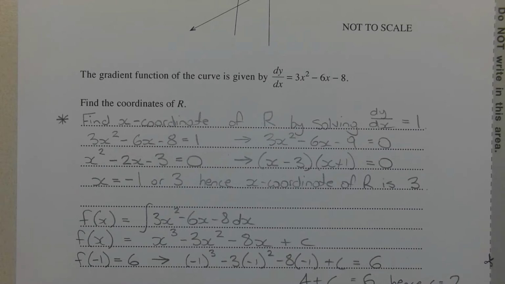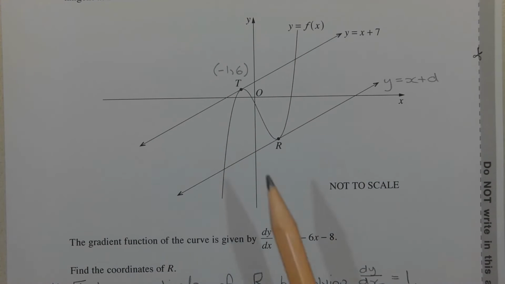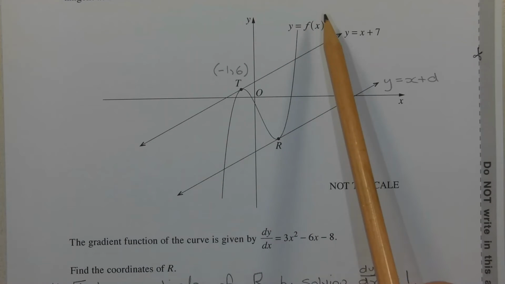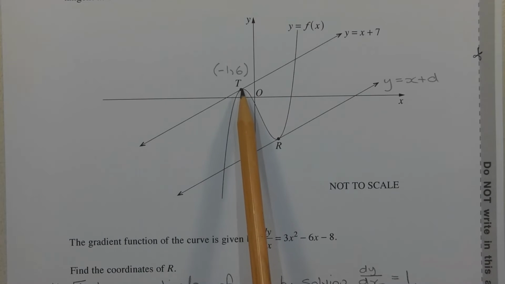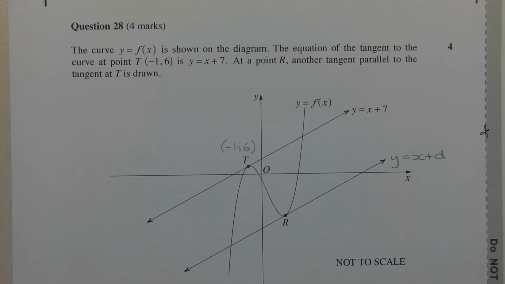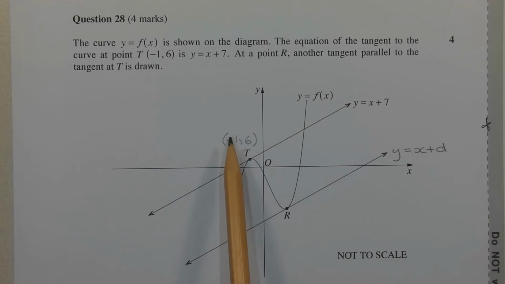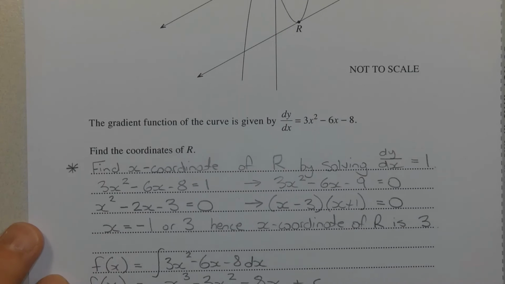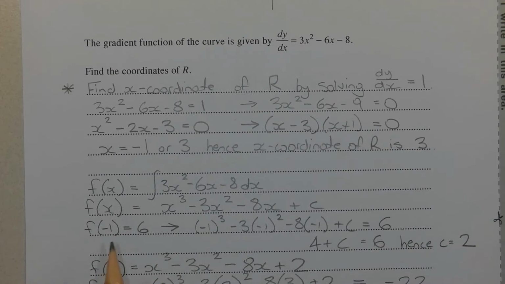What we do know is that the graph of y equals f of x passes through this point, which is given in the question, the coordinates of point T. So when x equals negative 1, y is equal to 6. Or put another way, f of negative 1 is equal to 6.